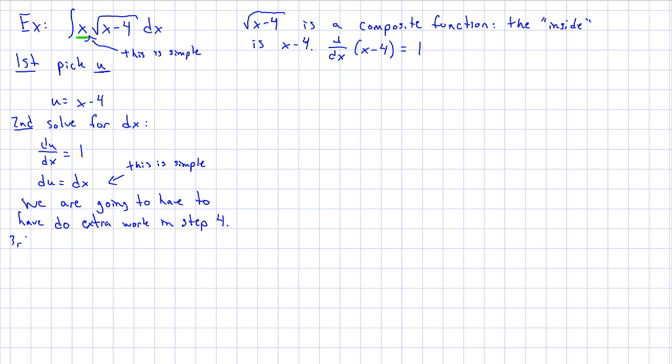So the third thing is always to substitute. So I have again, let me just be clear about what I'm substituting. I have u being x minus 4, and I have dx is just equal to du. So that's what's going to be substituted. So the integral of x times the square root of u times du.